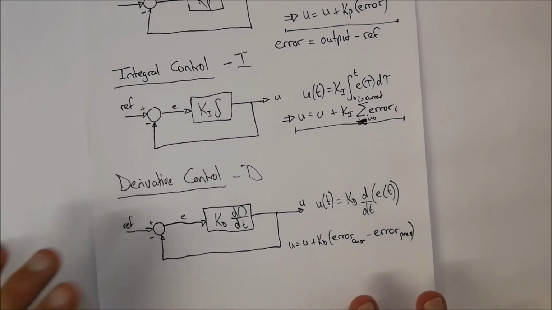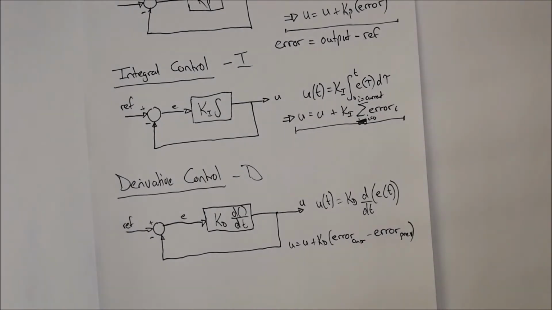So essentially it looks at the difference between the error in the previous iteration and the error that we've got in this iteration, multiplies it by Kd, and then adds it to the output u.